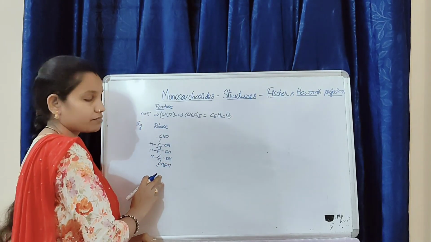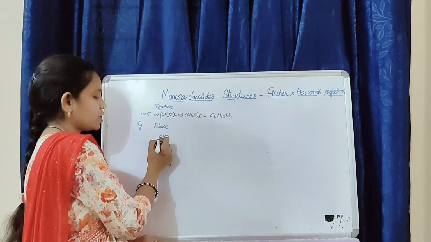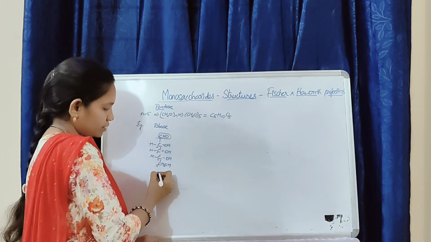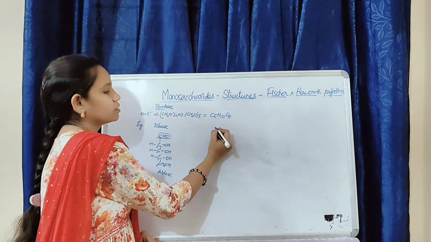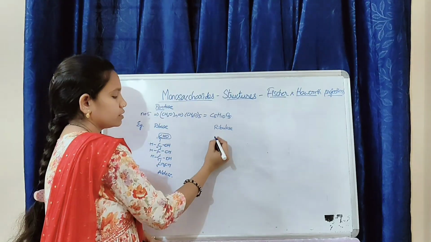Now it contains 5 carbon atoms, so it is an example for pentose. Again, the carbonyl group contains aldehyde, so it is an example of aldose. Next, ribulose. Now let's see this structure.